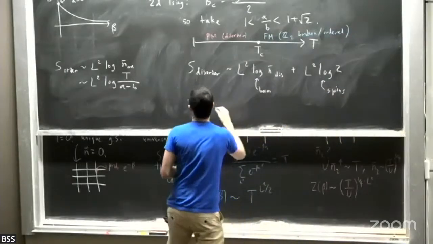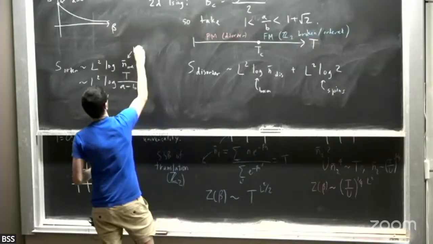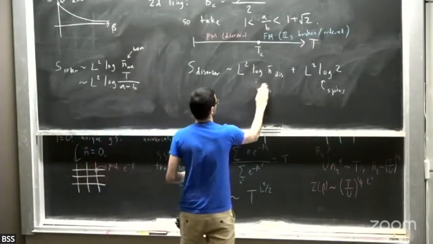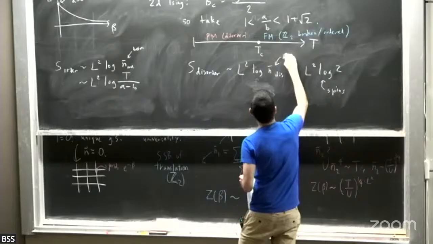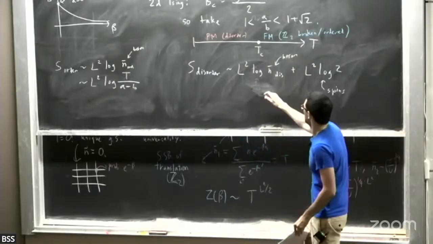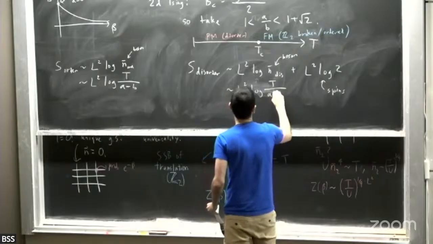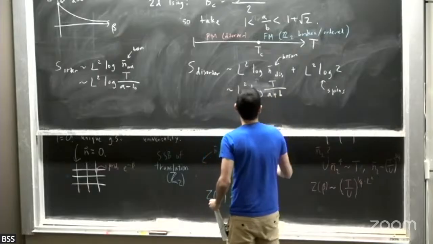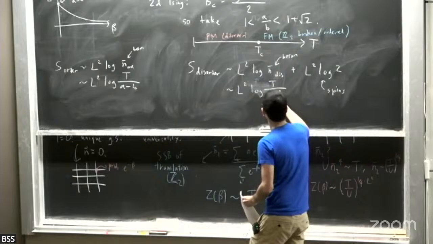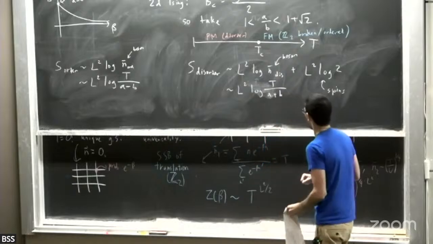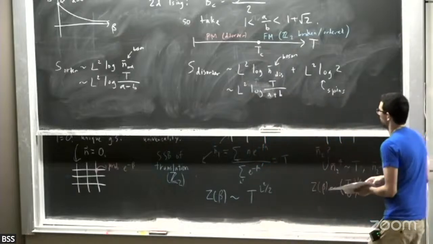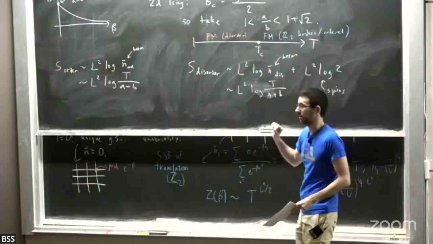Here we have bosons, this is the bosonic contribution. And we can again estimate this contribution. It's L squared log of T over (A plus B). So in this model, the T log T's drop out, but this is again a crude estimate.